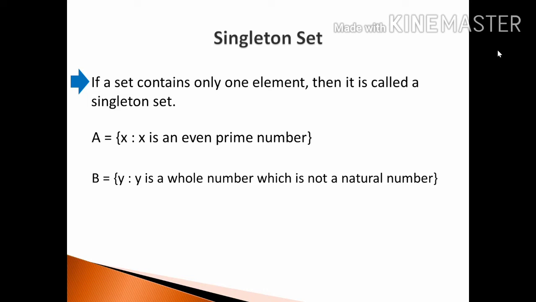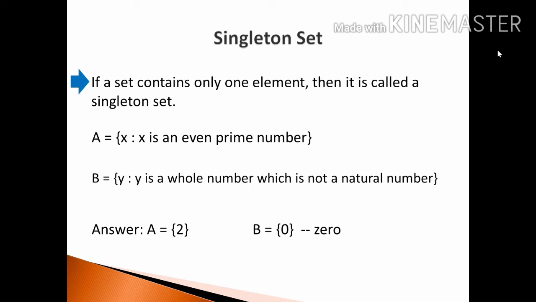Now when we say even numbers, these are the numbers that end with 0, 2, 4, 6, 8. We also have odd numbers that end with 1, 3, 5, 7, 9. Those numbers that can be factored only by 1 and itself are what we call prime numbers. Otherwise, we call them composite numbers. So in this case, our answers are both singleton.